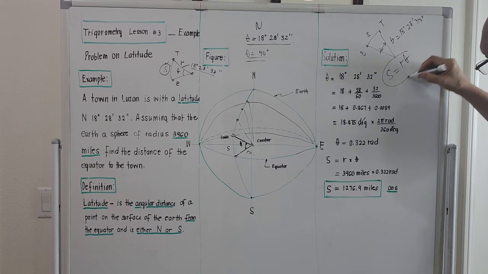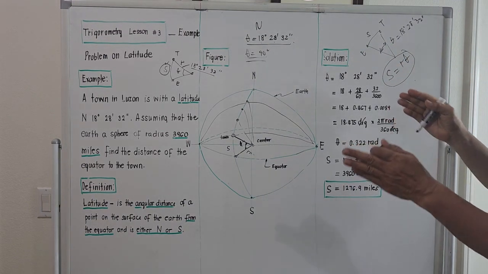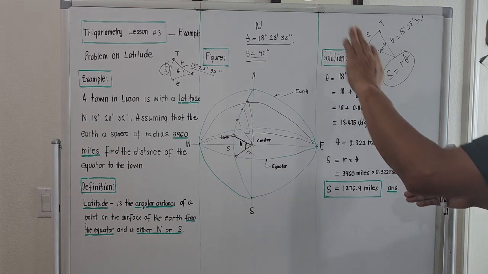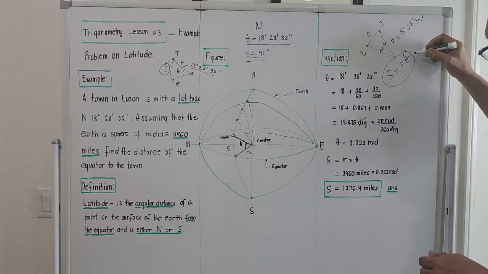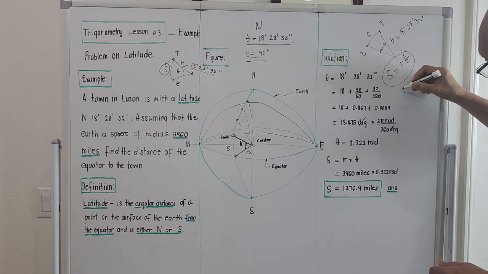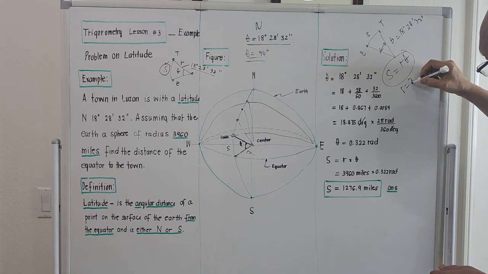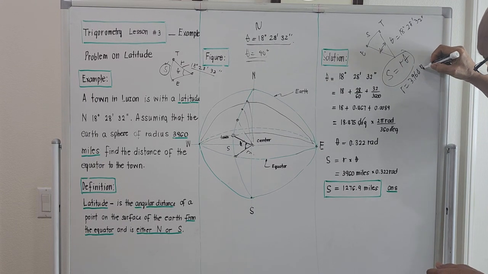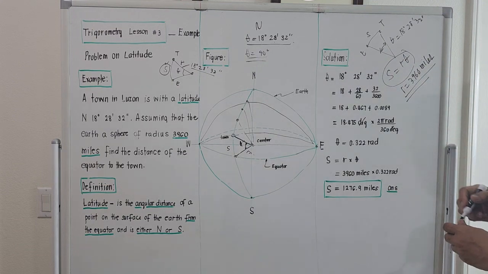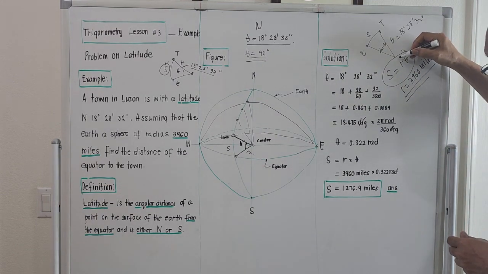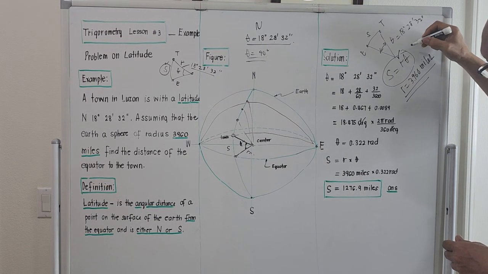The relevance of this to our previous topic is that it involves angle. We are given R, the radius of the earth. It is 3960 miles. It's not so much, right? 3960 miles.